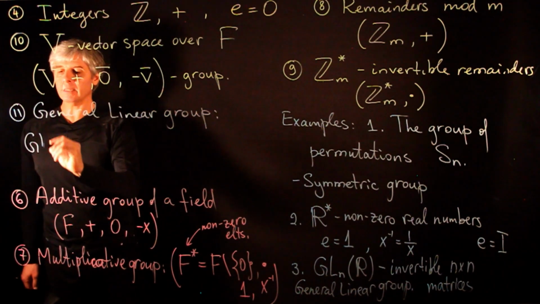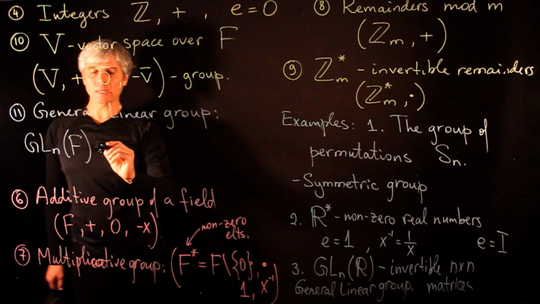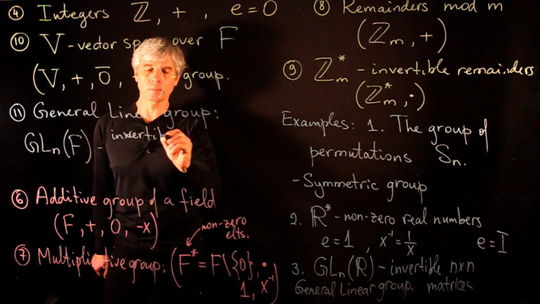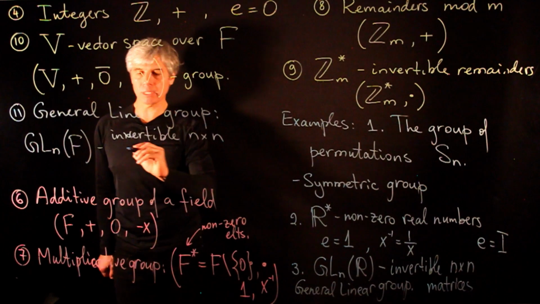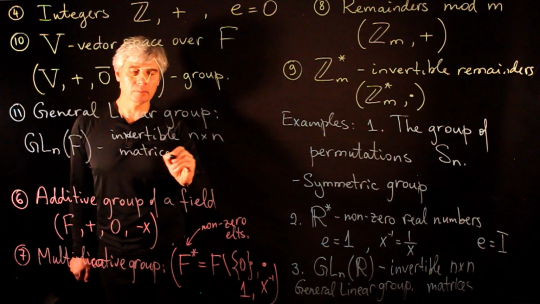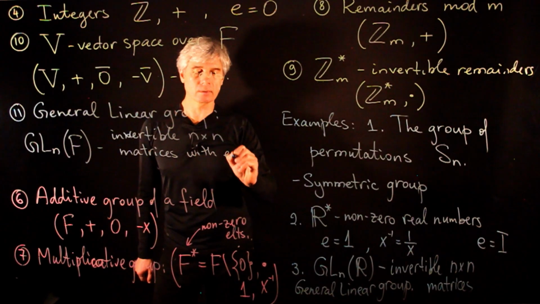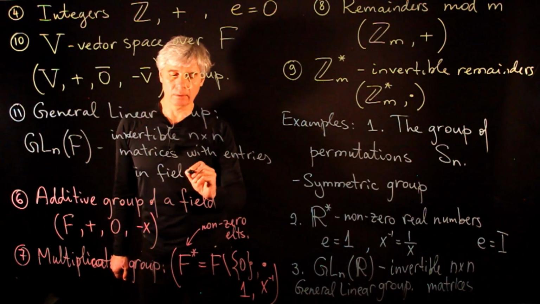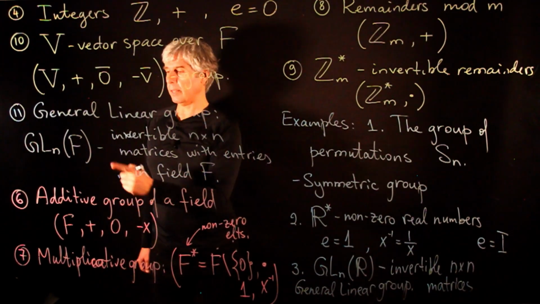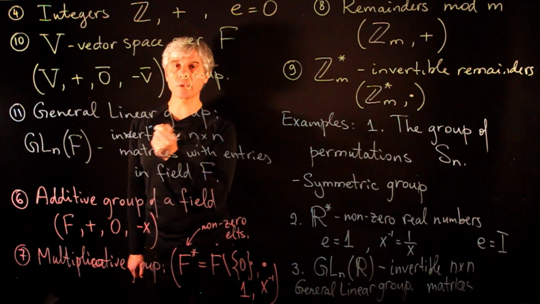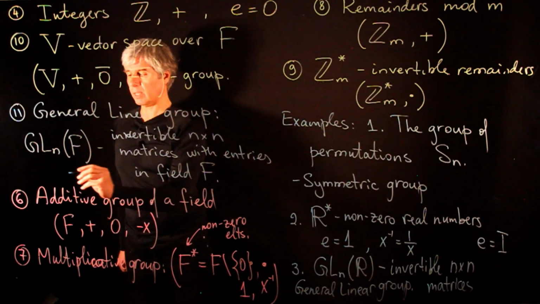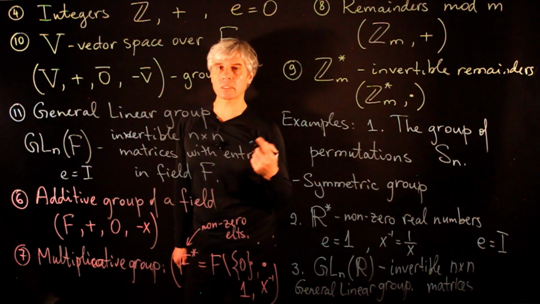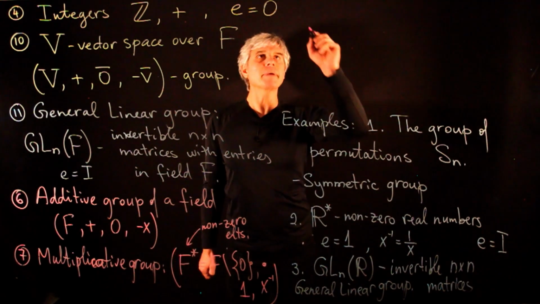So this will be GL n F. These are invertible n by n matrices with entries in field F. And this will be a group with respect to the operation of the product of matrices. So here the identity element is the identity matrix, and the inverse is matrix inversion. Let us mention the following definition.